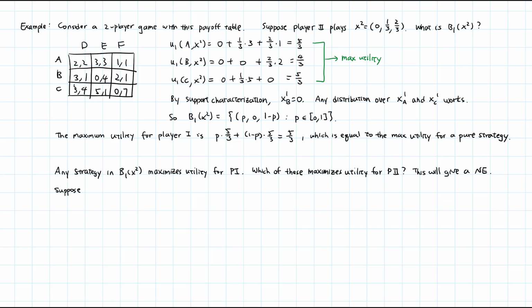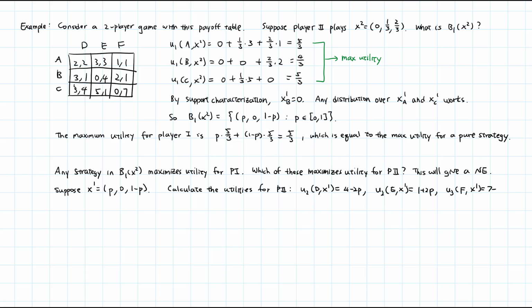Suppose player 1 plays x1, which is p, 0, 1 minus p, which is in the best response. We can calculate the utilities for player 2. The utility for playing D is 4 minus 2p. The utility for playing E is 1 plus 2p. And the utility for playing F is 7 minus 6p.